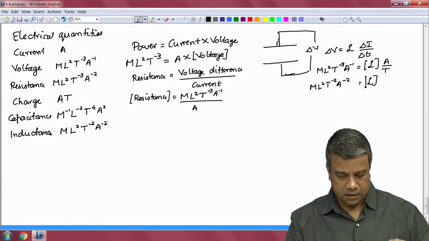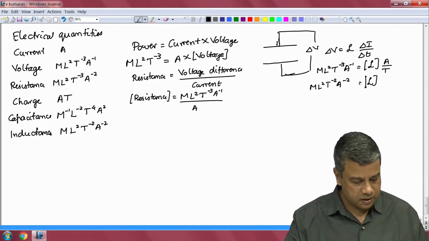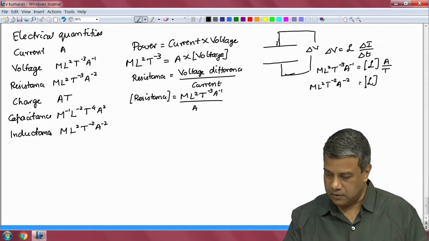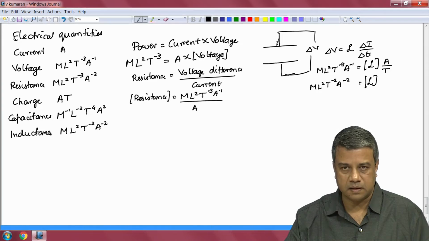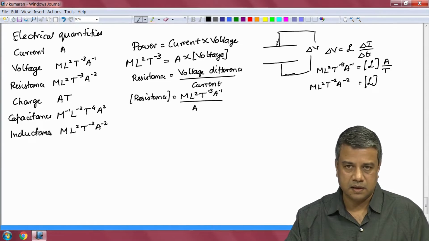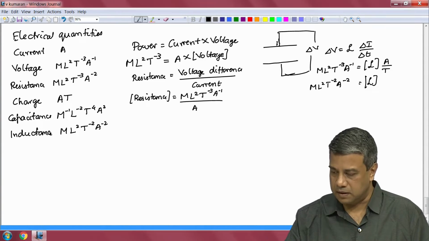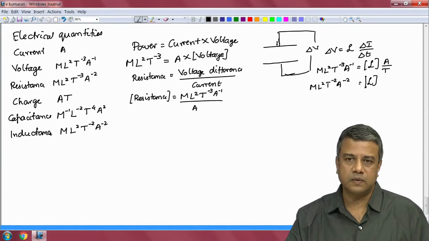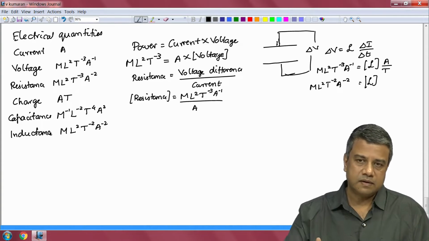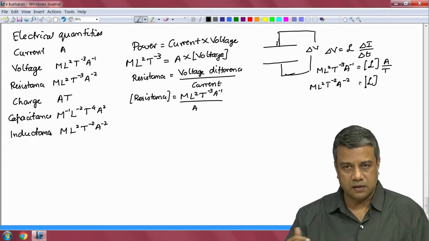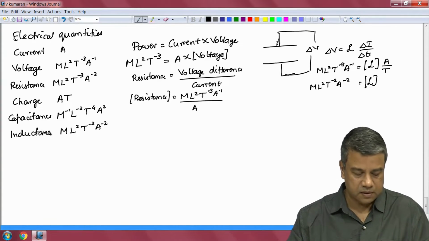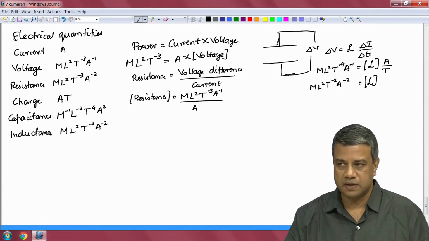So, those are the dimensions of some common quantities that we encounter in electrical systems. And you can derive all of these starting off with a relation which involves one of these quantities and all other quantities which have known dimensions.